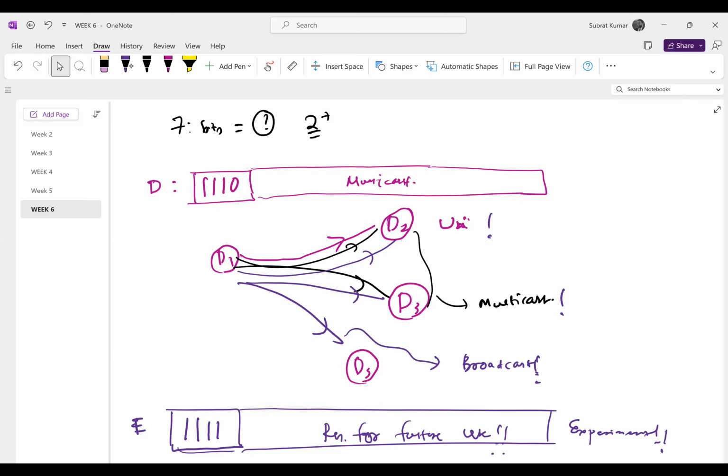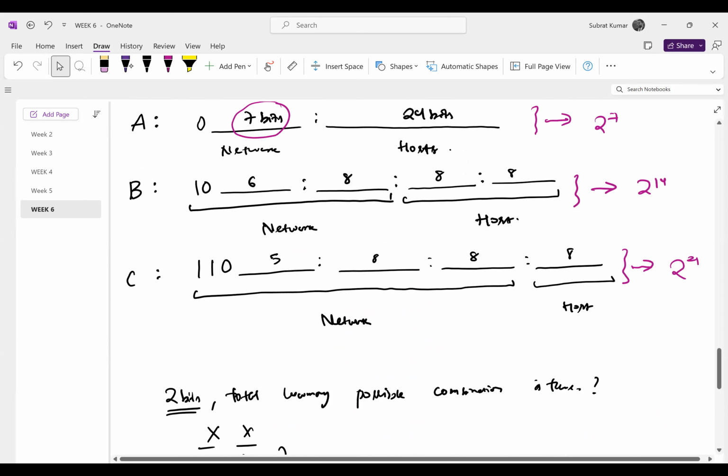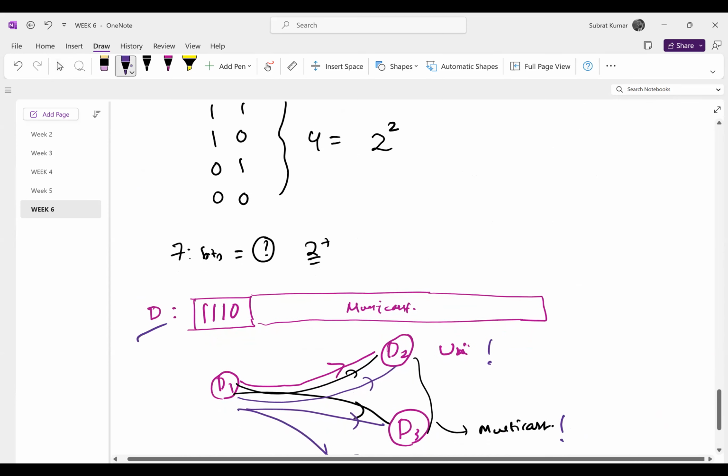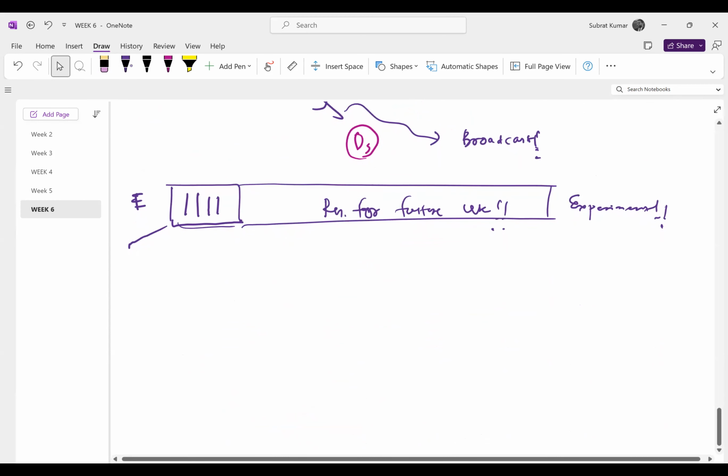Okay. So we counted the class A, B, C, D, and E, and the number of networks that I can have in each class. And now we'll go for the number of hosts that we can have in each class.